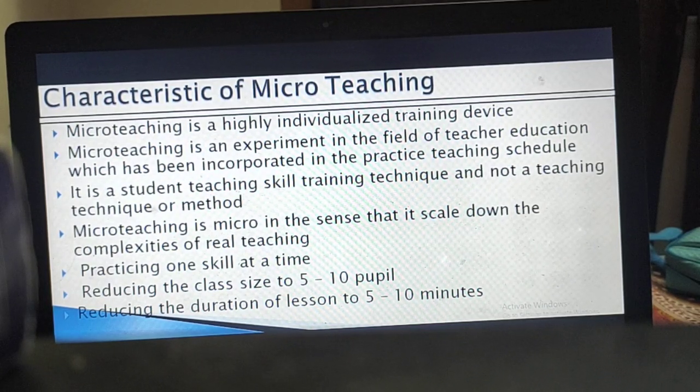Already I have discussed that when teachers enter the classroom, they have to face defined types of complexity in the real classroom situation during the teaching-learning process. If teachers know about the micro-teaching skills, they can easily scale down the complexity in real situations. That is a very important characteristic of micro-teaching.